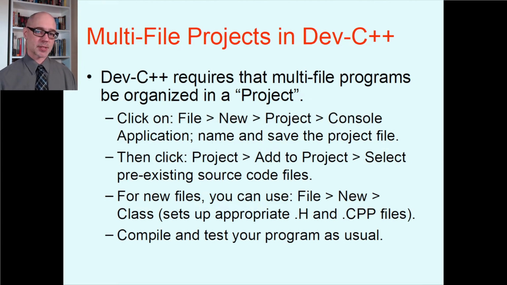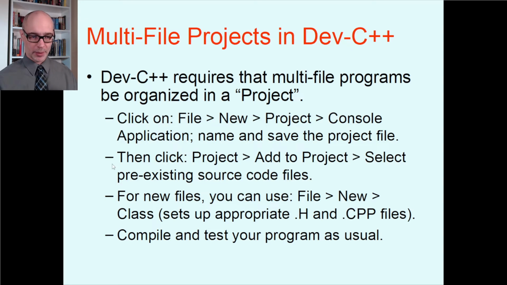you're going to have to do that with multi-file projects. And what you'll do is open up Dev C++, and the very first thing you'll do is click on File, New, Project, Console Application, which is what we're doing all the time. Give a good name to the project, save the project file. That's a .dev file that it makes at that point. That's the same thing I've been doing anytime I make a new project, so that's not too different.